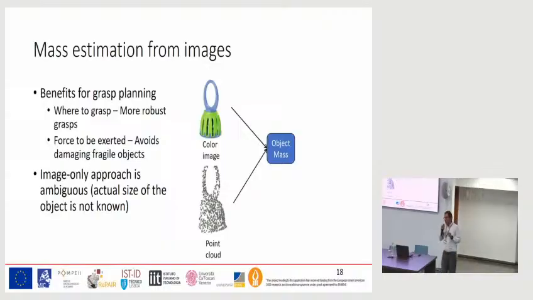How do we do that? We have AI algorithms, and what they do is, on one side, estimate the density of the object, and the other side estimates the volume of the object, and we multiply those two, and we get the mass. That's the main idea. And to do that, we need lots of data.